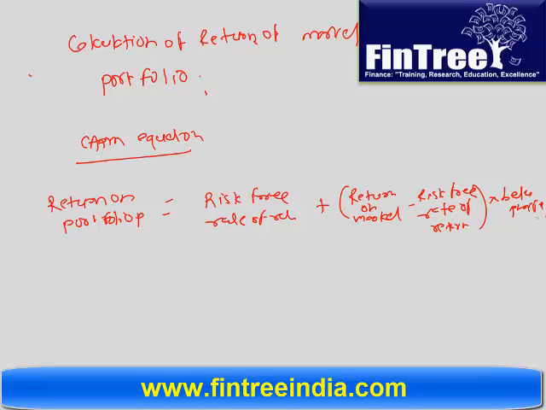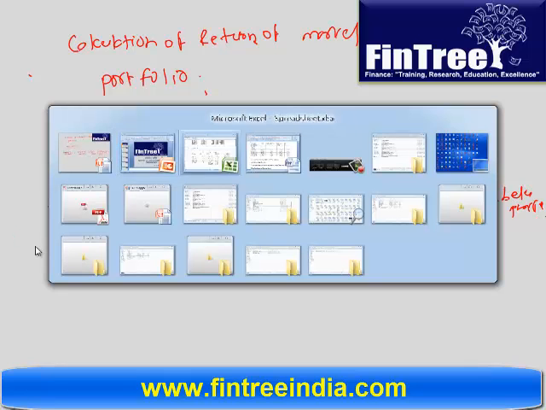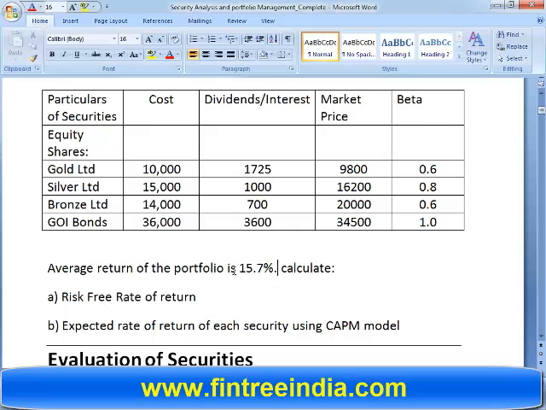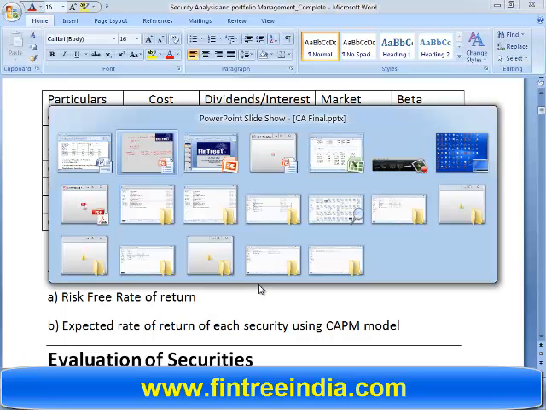Now what we have is, we have return on the portfolio, we have risk-free rate of return, we have beta of the portfolio. What we need to calculate is what is the return on the market, isn't it, by doing reverse calculation. So what is the return on the portfolio given in the question? The question says that average return on the portfolio is 15.7%.